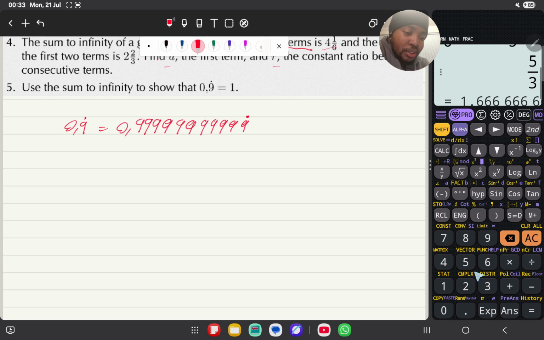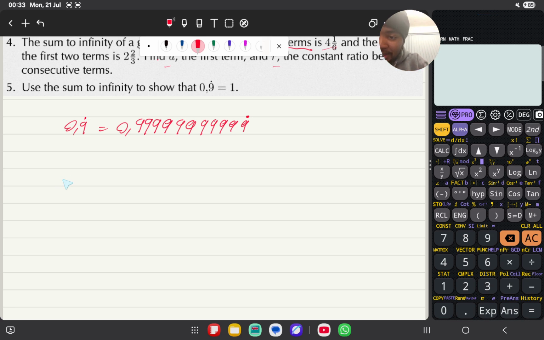Oh, by the way, let me show you something. This is 0.9, this is 0.99, 0.999, 0.99999. Do you see what's happening? But just hold on. Look at this.